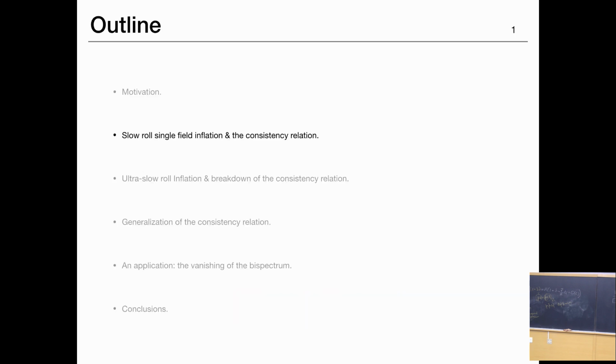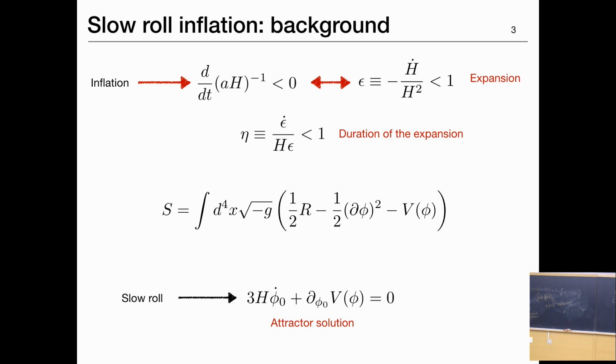Okay, let's start with the ingredients. Inflation emerged as a solution to many problems of the early 80s, I think, and also to give us the initial conditions for the structure formation of the universe. Physically, inflation is a period in which the comoving Hubble radius decreases. We can work out this expression a little bit, and it is equivalent to this one.